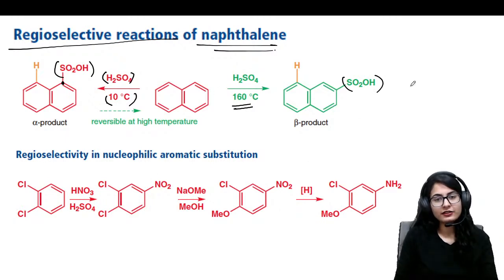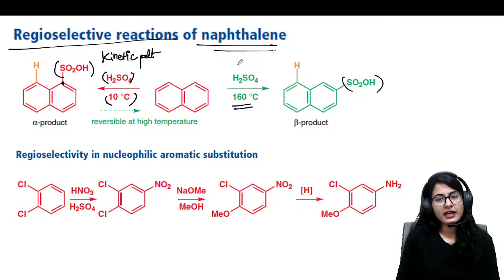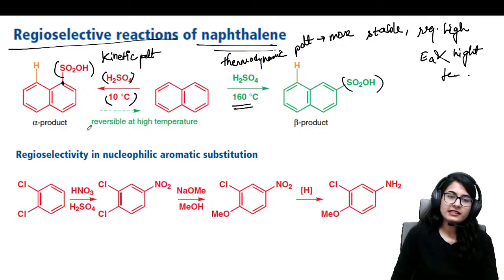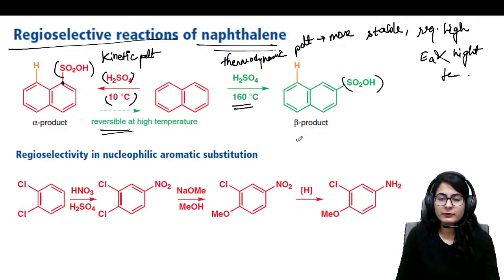Yes, ये किसने किसने देखा है. So what is the kinetic product? A kinetic product is one which forms at lower temperature, and a thermodynamic product is one which is more stable, and that is why it requires higher activation energy and high temperature to form, but it is not reversible. जैसे kinetic product reversible होता है, thermodynamic product is not reversible.